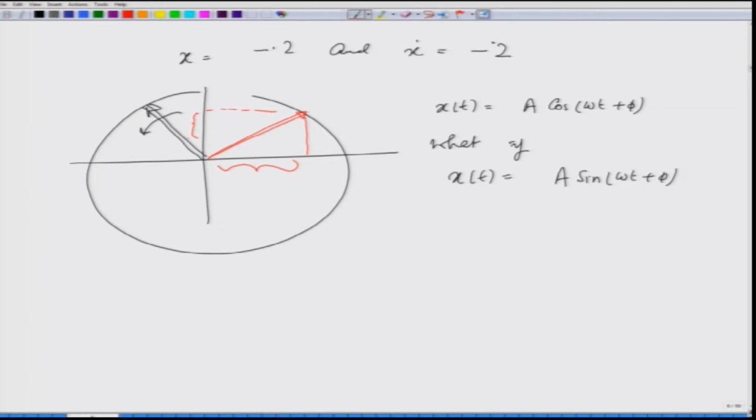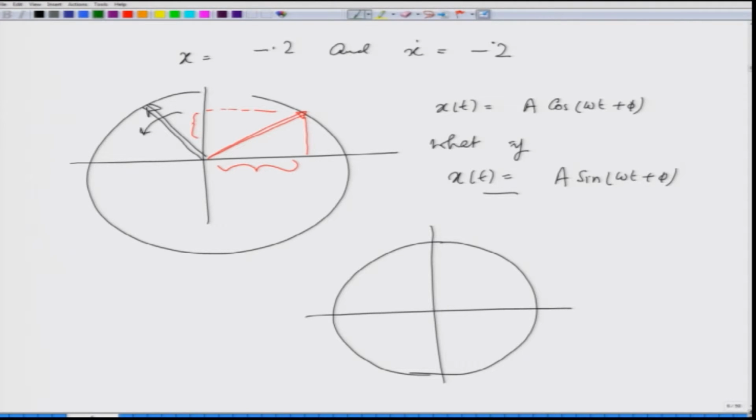If I want to represent the motion as sine, the only difference that will come, and after that I will leave it for you to work it out, would be that if the phasor is here, the motion would be projected on the y axis, and for the first quadrant now I am going to have x greater than 0, because this is what x is representing, and phasor is moving up. So, the point will be moving out. So, x dot would also be greater than 0. Notice in the cos case, the phasor initially was here if this was the condition.